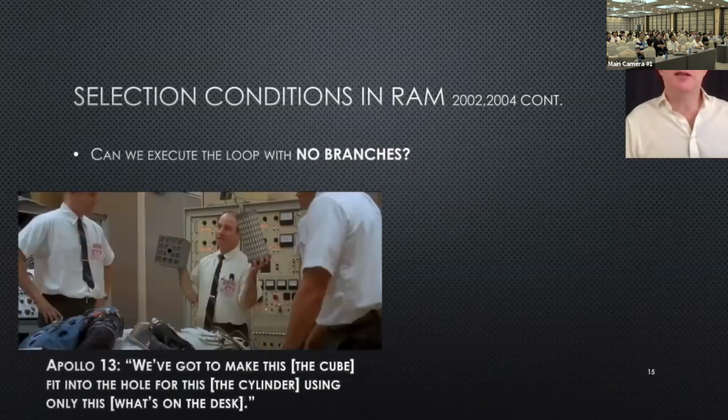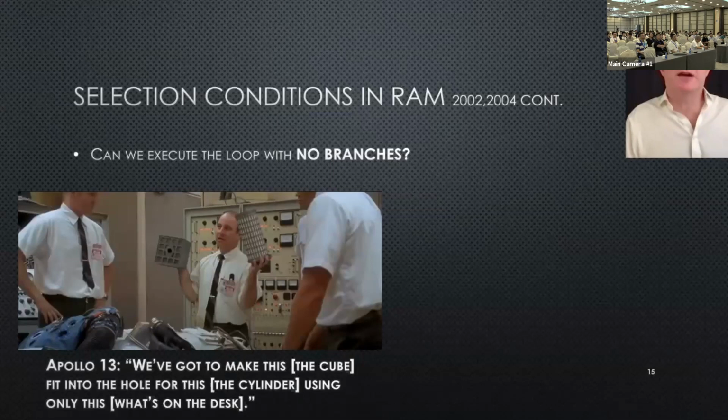Well, that reminds me of the Apollo 13 movie. Apollo 13 had an accident and they were rapidly building up carbon dioxide, and the people on the ground supporting the astronauts had to figure out a solution to their carbon dioxide problem.